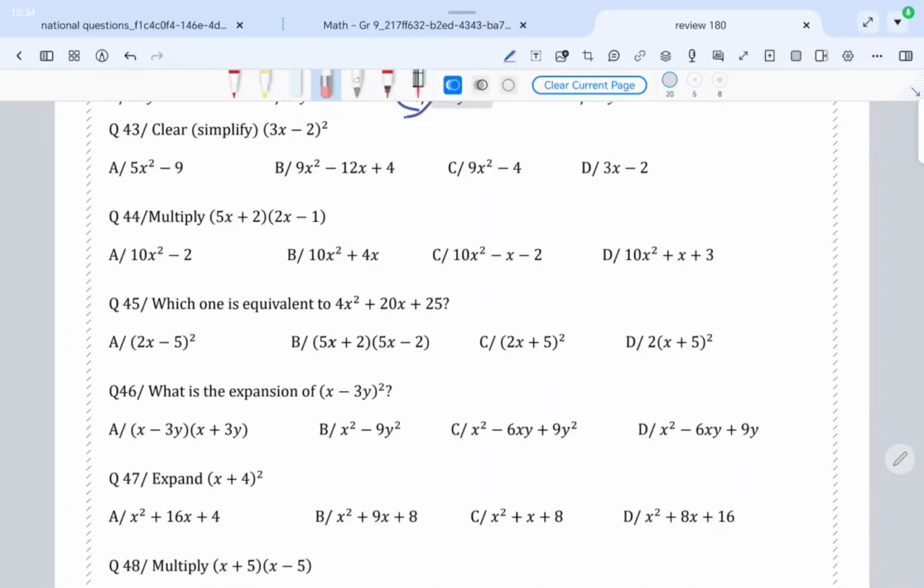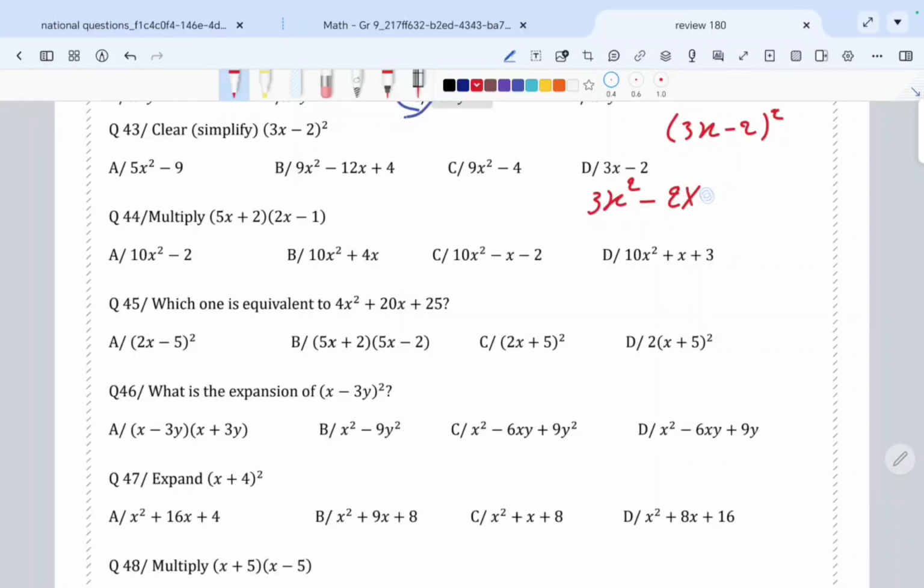Question 43. Expand or simplify 3x minus 2 power 2. Okay, we have a rule for this one. First term power 2, (3x) power 2, minus 2 times first term, which is 3x, times second term, which is 2. Negative times negative, positive.